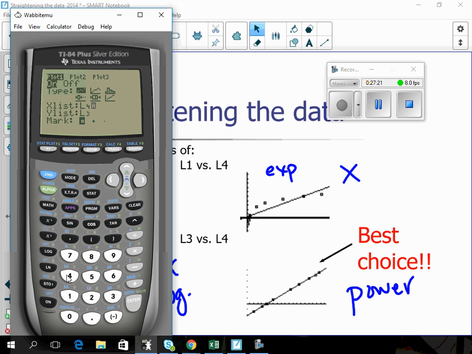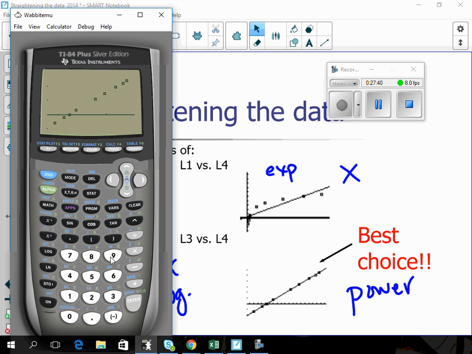It is linear, but it's in the other direction, so make sure that you do it in that order. Resume stat. And we get a pretty straight data set, okay?